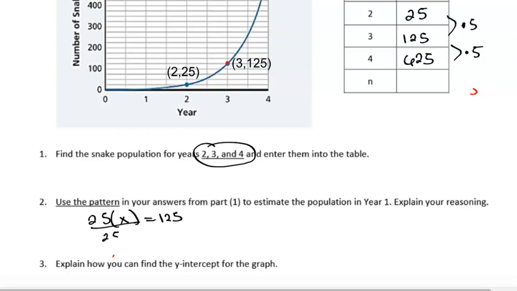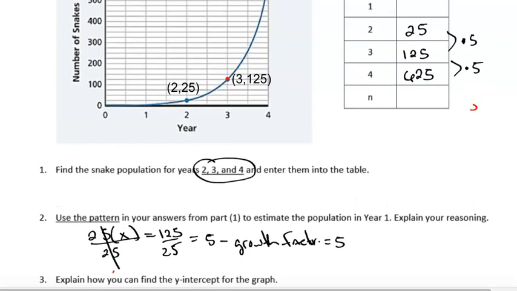This is just a one-step equation. You can do x is equal to 125 divided by 25. Think about how many quarters are in $1.25, and the answer is 5. So my growth factor is 5.